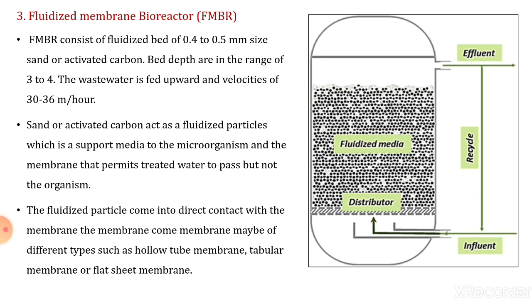Sand or activated carbon acts as a fluidized particle which is a support media to the microorganisms, and the membrane permits the treated water to pass but not the organisms. The fluidized particles come into direct contact with the membrane. The membrane may be of different types such as hollow tube membrane, tubular membrane or flat sheet membrane.